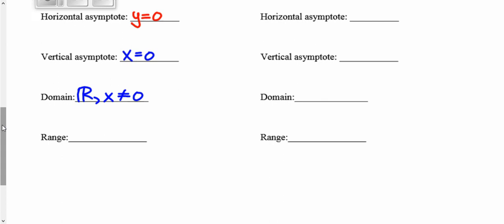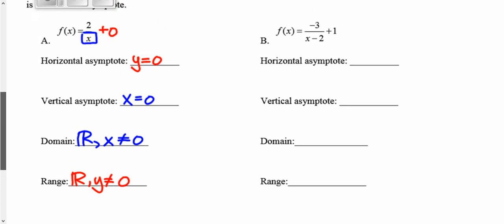And then your range is going to be all real numbers except where your horizontal asymptote is, since that's y equals. So again, domain goes with x, that's why it goes with the vertical asymptote. Range goes with y, that's why it goes with the horizontal asymptote. So same idea, and we're just practicing. So this is target 3, just kind of getting used to the idea of a horizontal and vertical asymptote, where we find that information.